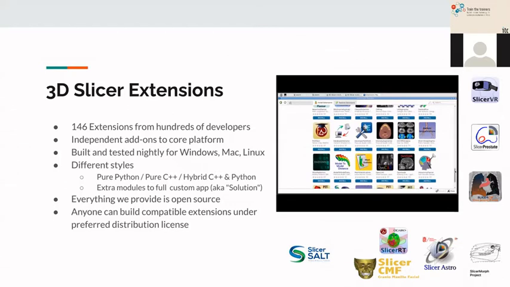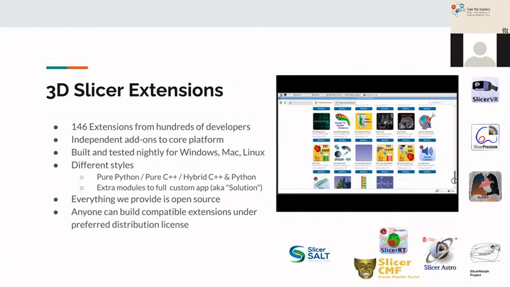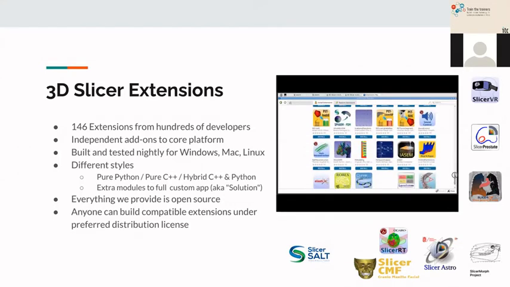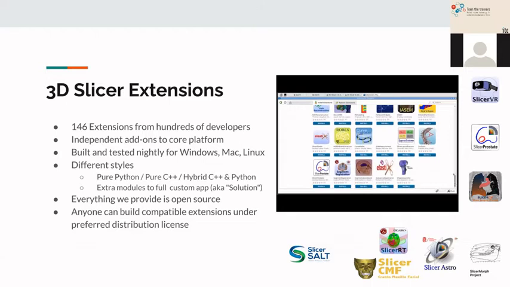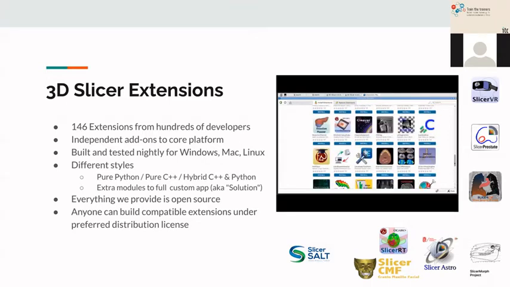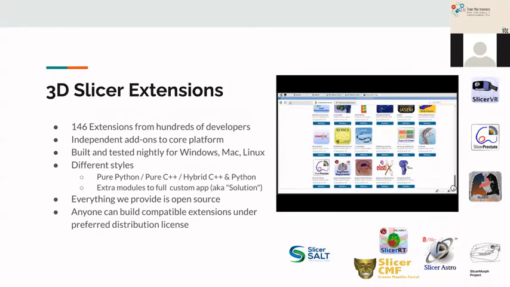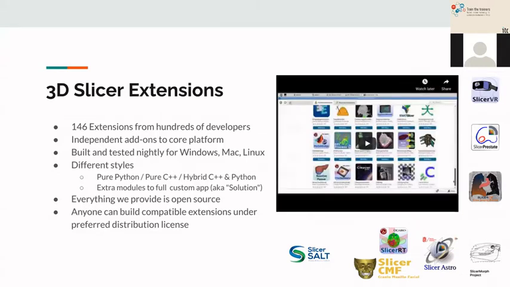They range from developer utilities to some that are quite developed specialties, if you will: craniomaxillofacial surgery, radiation therapy, prostate imaging. These are all areas of specialty domain that can be customized. So your Slicer environment really can be more suited to the particular kind of research or the kind of work you're trying to accomplish.